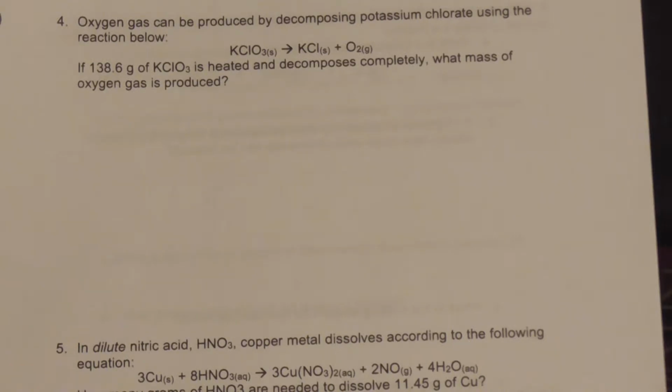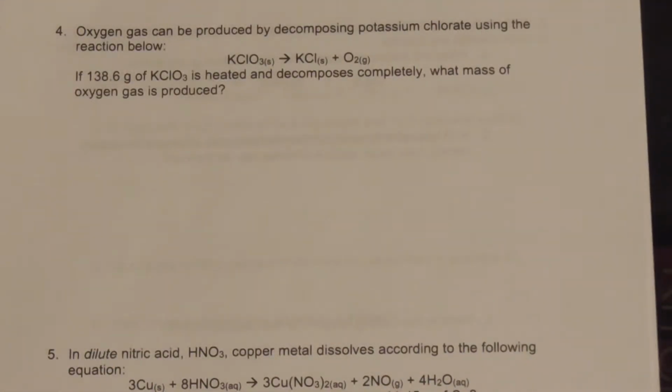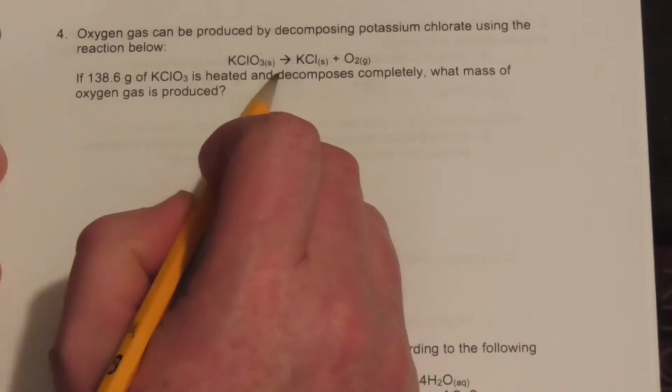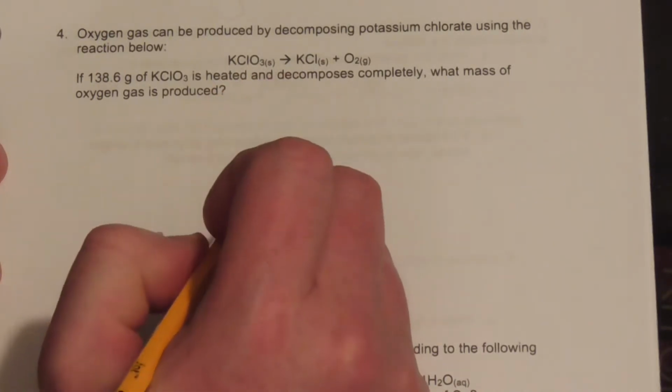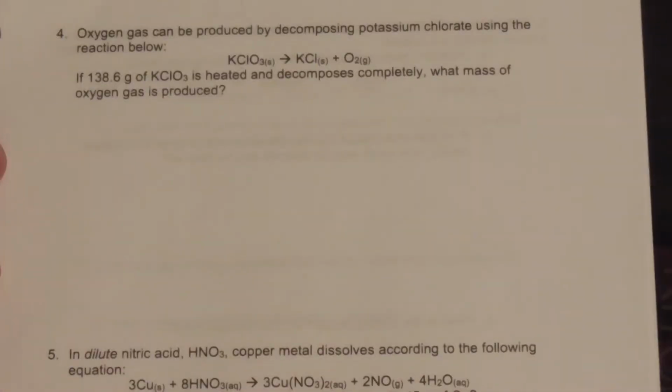You have a balanced equation. We'll assume that equation is balanced, although actually that one is not balanced. So in your test, I will not necessarily ask you to balance an equation, but if you did have to, you can see here, one potassium, that's good. One chlorine, that's good. 3 oxygens, 2 oxygens, we have a problem.